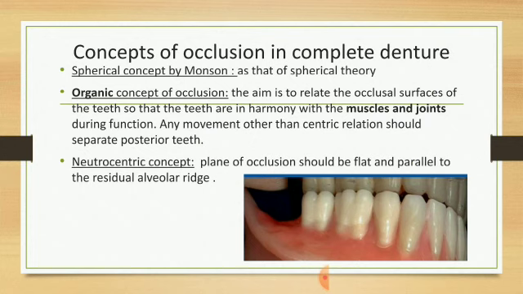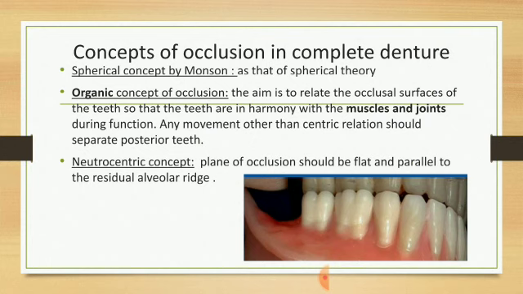Next, we have the organic concept of occlusion. Organic is something which is natural. In our oral cavity, the natural things we have are teeth, muscles and joints. In patients with complete dentures, we have lost one natural thing, that is teeth, so we have the remaining muscles and joints.